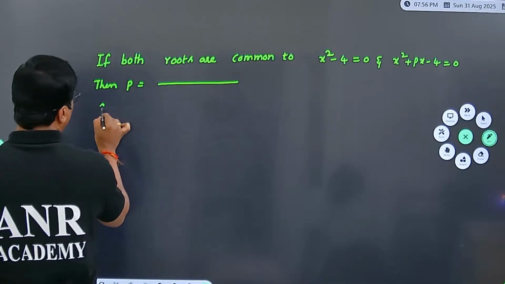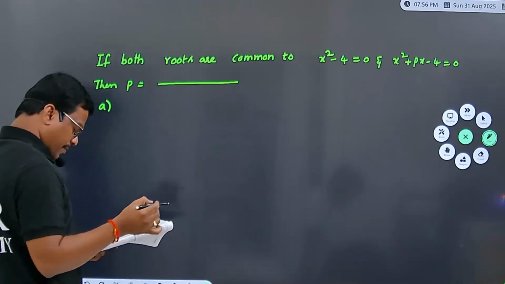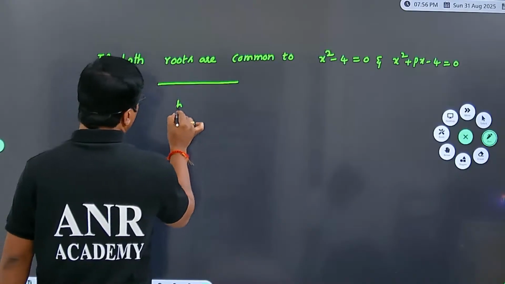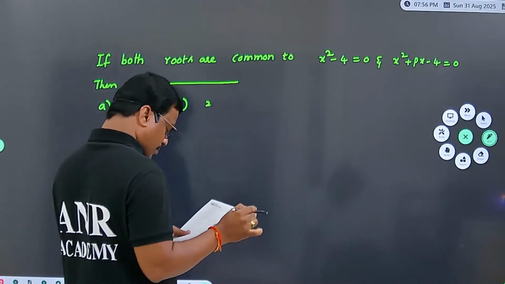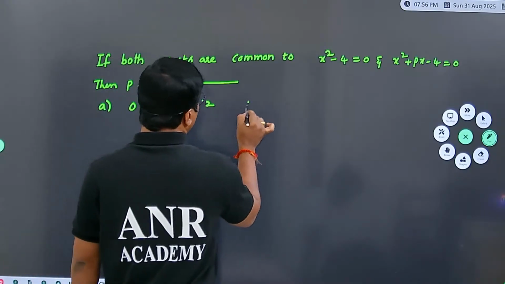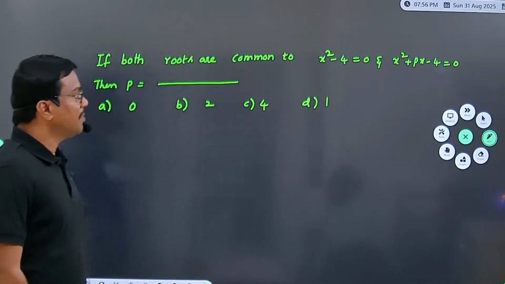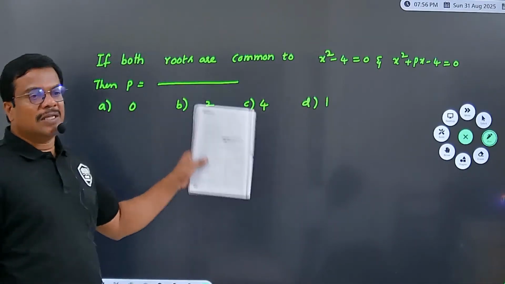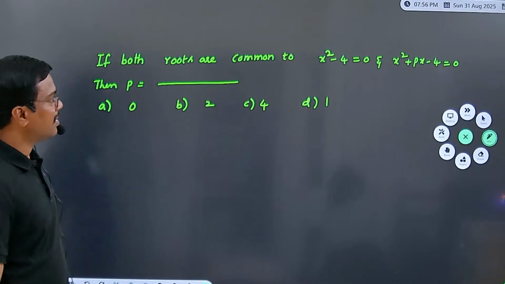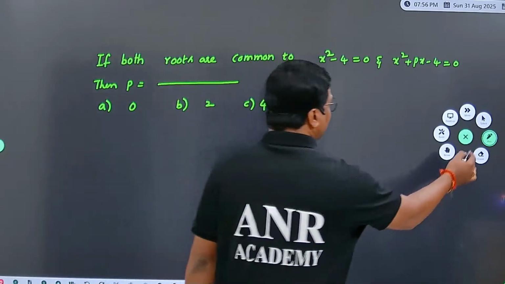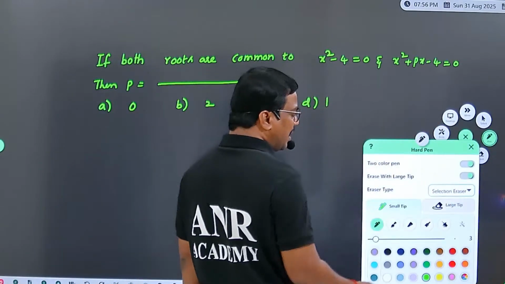And here the options are given: 0, 2, 4 and 1. Yes, there are two equations, x square minus 4 equal to 0 and x square plus px minus 4 equal to 0.